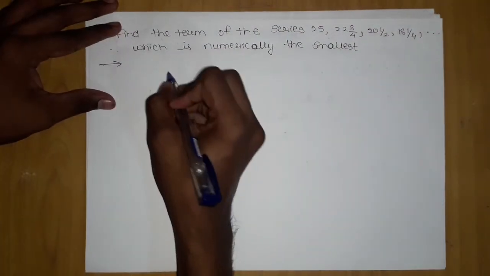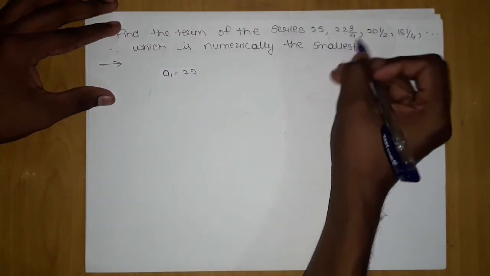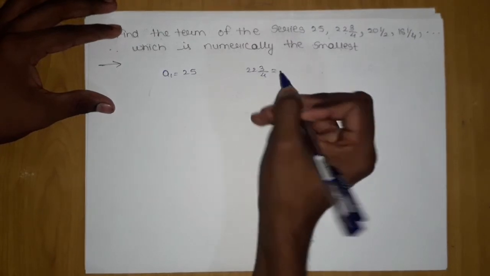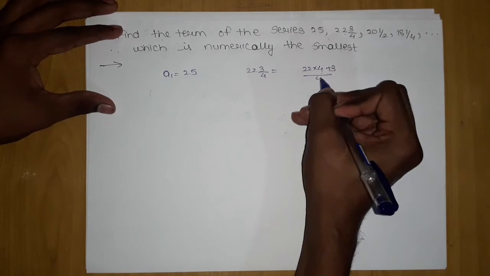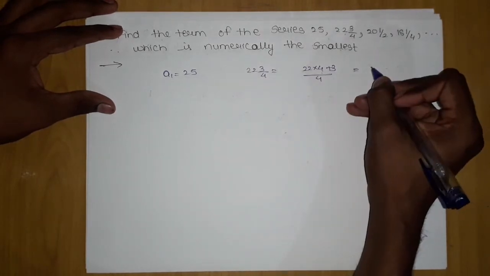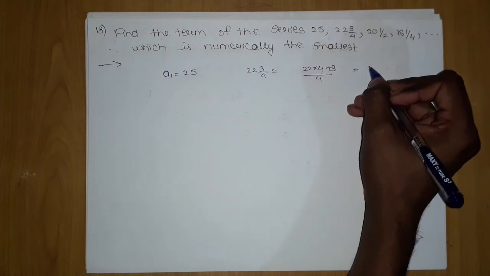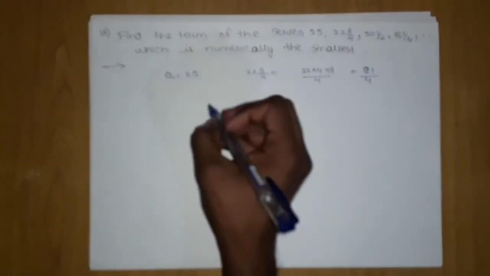We have the first term a1 equal to 25. How do you resolve this term? 22 by 3 by 4 is written like this: 22 into 4 plus 3 upon 4, which is nothing but 88 plus 3, 91. So 91 by 4. Now you want to find D.